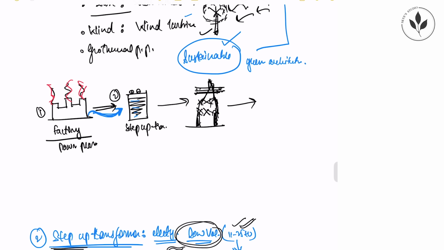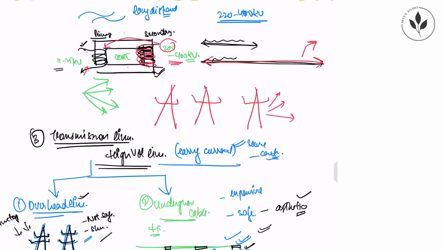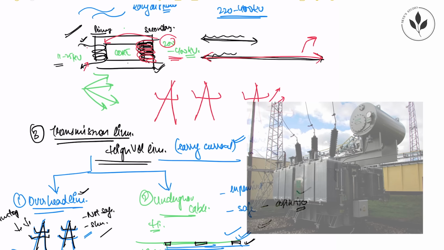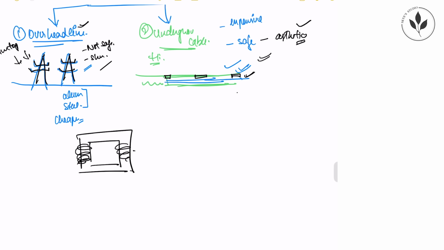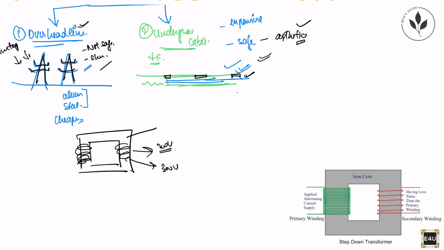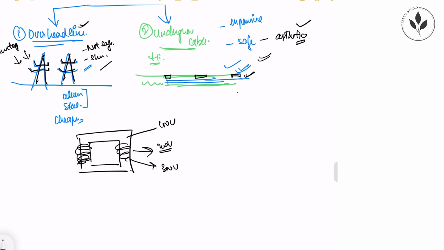Now, the next step after transmission of your electricity is your step down transformer. Now, what happens in a step down transformer? The same core that we studied earlier is there, and from 400 to 300 volts, we can reduce our voltage to 200 volts or 300 volts or maybe 100 volts, depending on the type of building that we are going to take the electricity in.